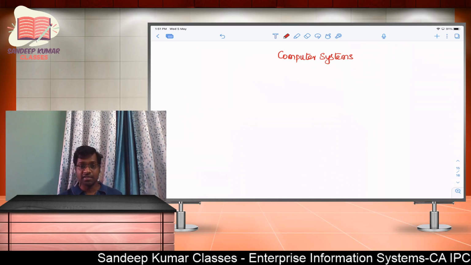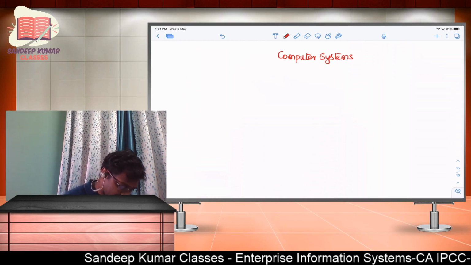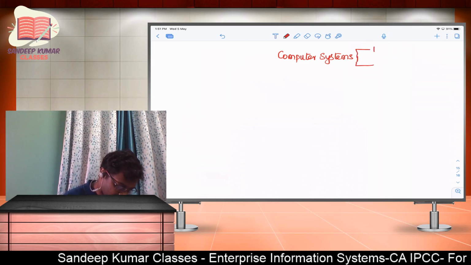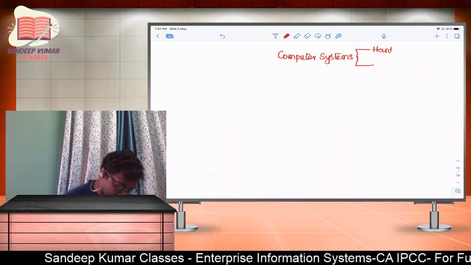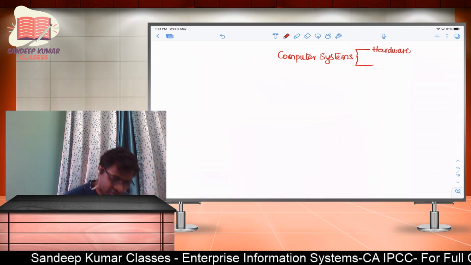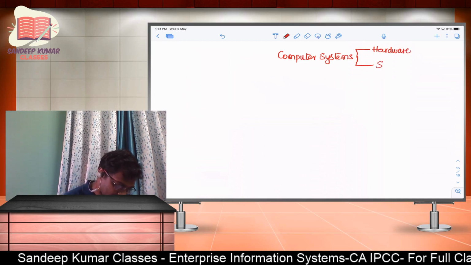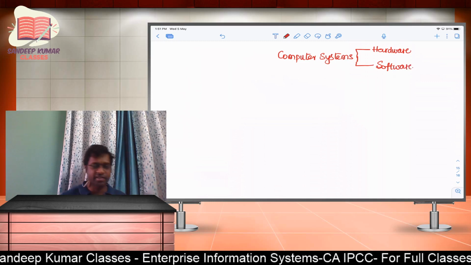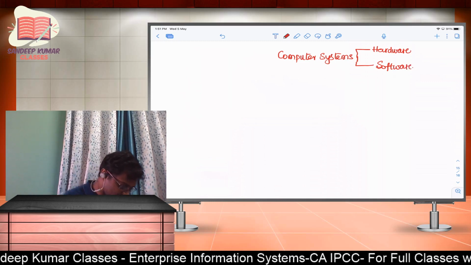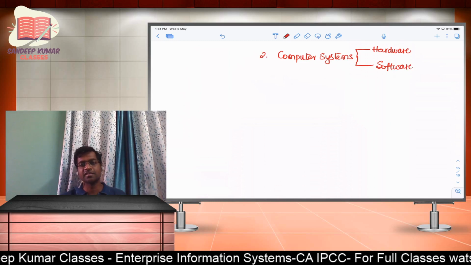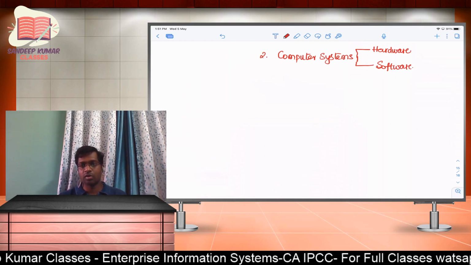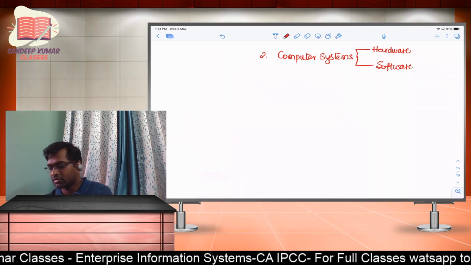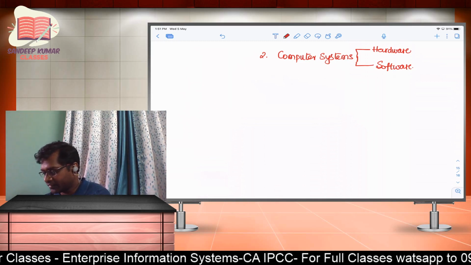As I said, a computer system is a combination of hardware and software. In this computer system, which is the second component of information system, we'll study about hardware and software. So what do you mean by hardware? Now let us study.